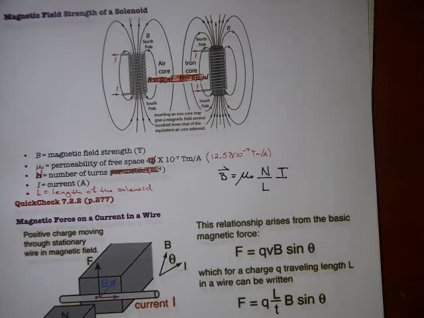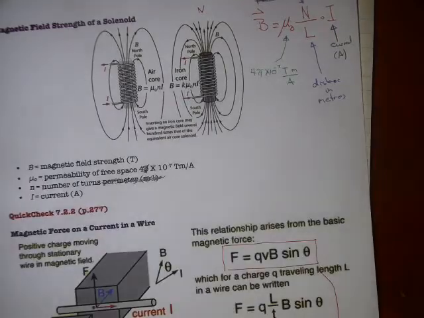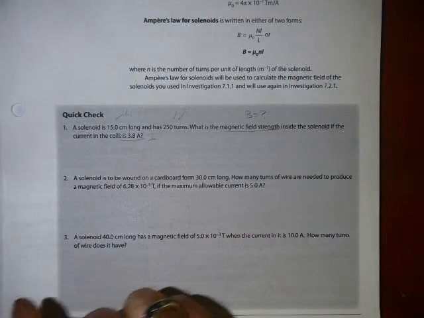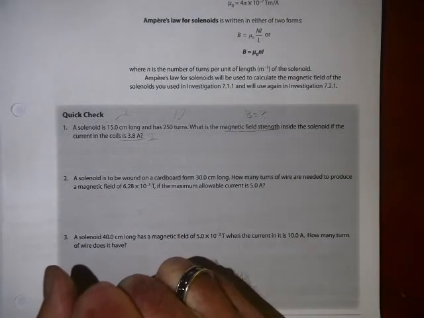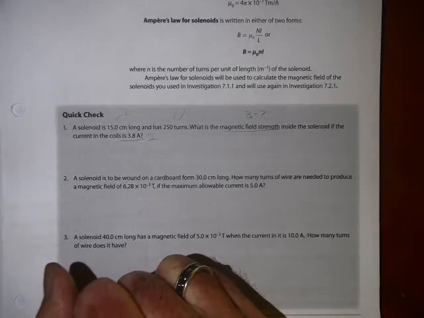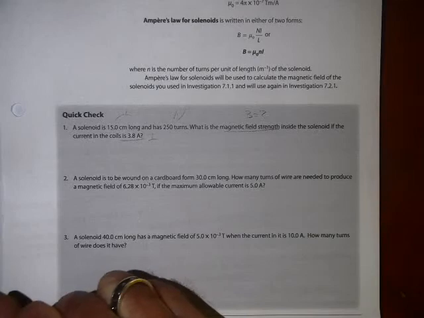Here we go. It says: a solenoid is 15 centimeters long and has 250 turns. What is the magnetic field strength inside of the solenoid if the current in the coils is 3.8 amps?